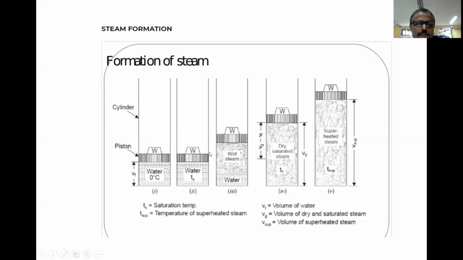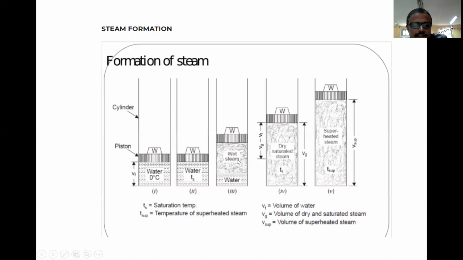Once you reach the boiling point, the temperature remains constant until all the water is converted into steam. So here in the third diagram, you can see the wet steam. Wet steam means the water particles are also there in suspension along with the steam.